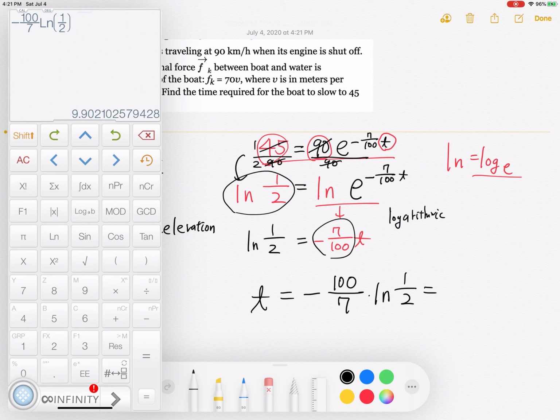Yeah, I got 9.90210, one more decimal to follow, but you round to the nearest tenth, maybe. So 9.9 seconds. Okay, that's it.